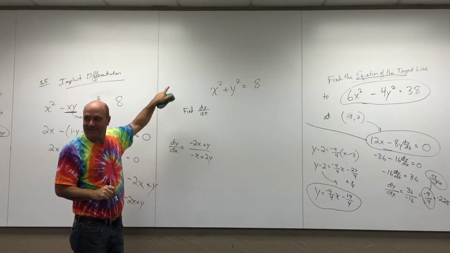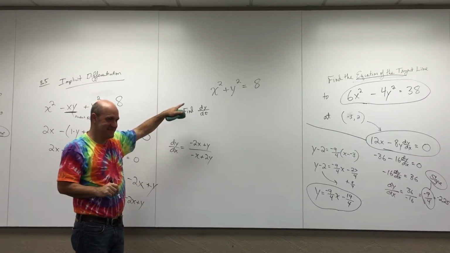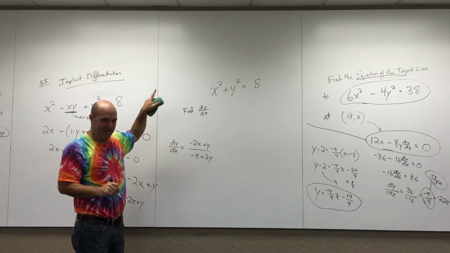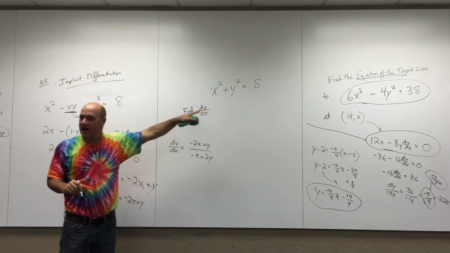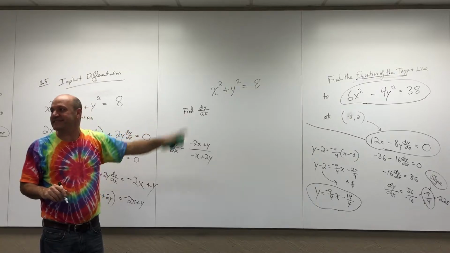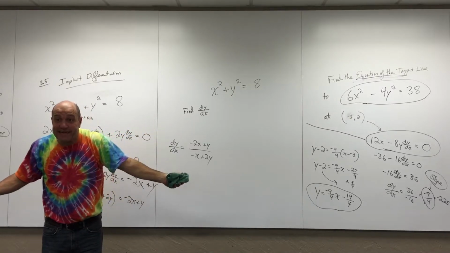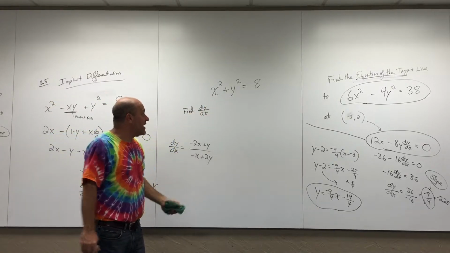We just stepped it up a notch. I want to take this derivative with respect to t. So the variable is t. Now I know it isn't there anywhere.